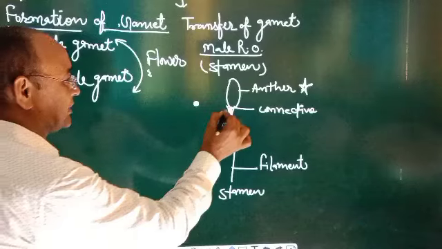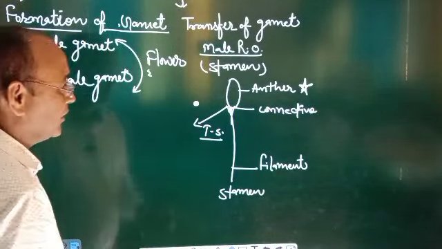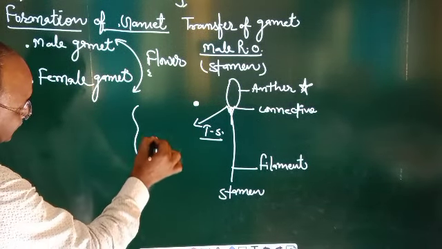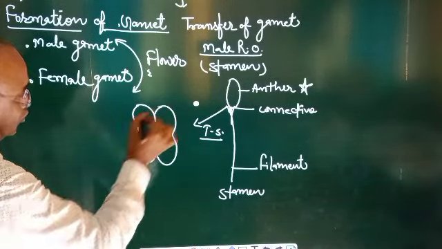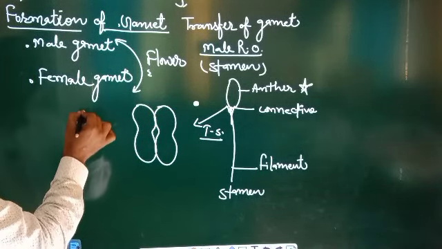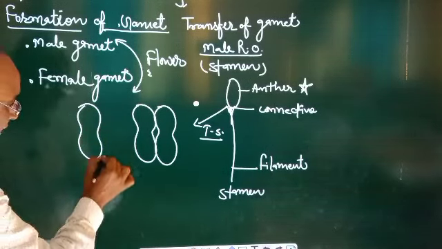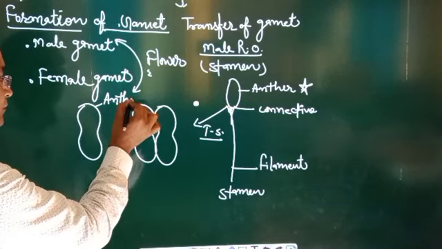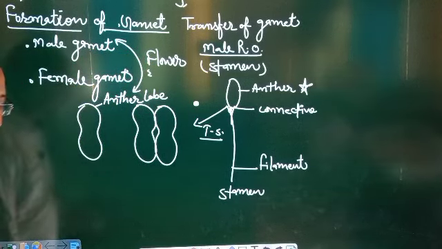In the transverse section, when we take the TS, anther has either two lobes or one lobe. These lobes are known as anther lobes.